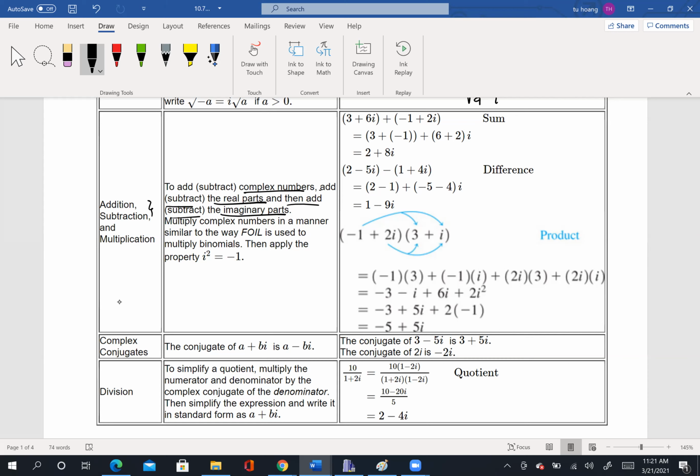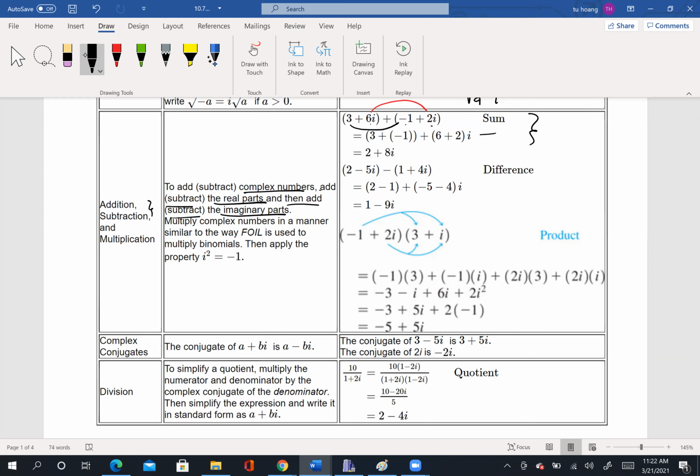As you see over here, for the addition we have 3 plus 6i plus negative 1 plus 2i. So I'm going to add the real parts, which is 3 plus negative 1, and then add the imaginary parts, which is 6i plus 2i, right?